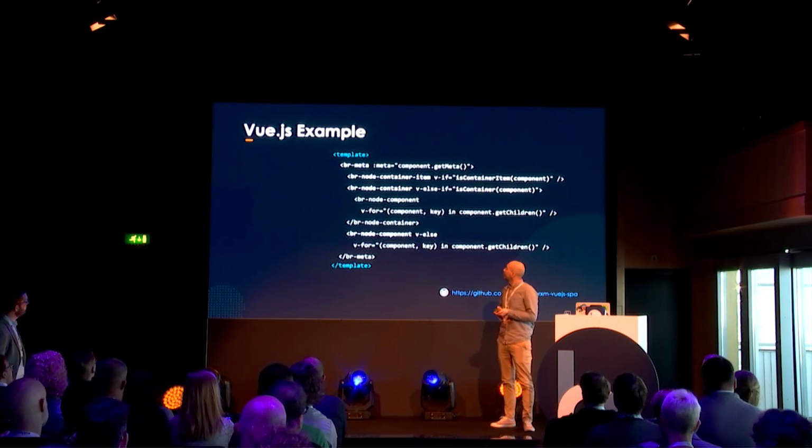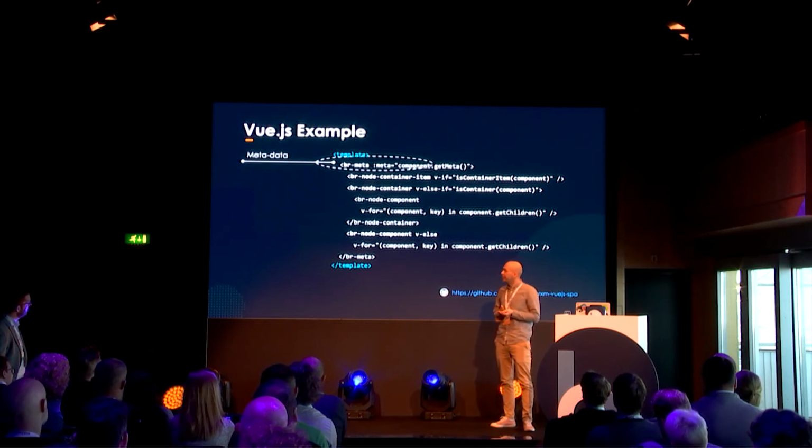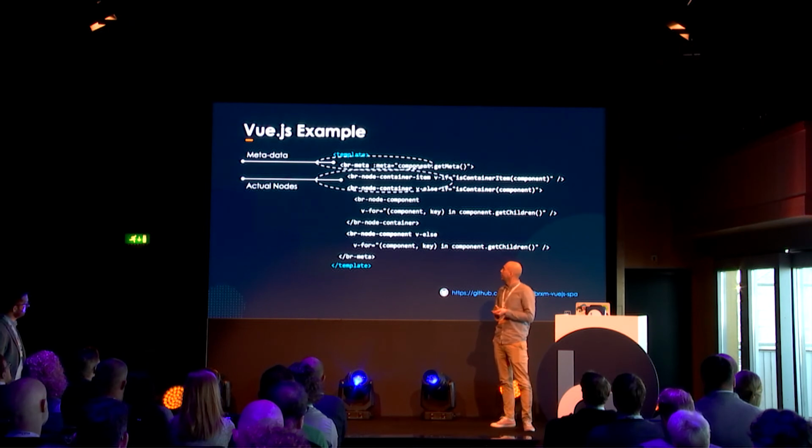If we look a bit closer at the component for the page node, we'll see something like that. It's a very simple template. It's starting with rendering metadata. We have our meta component here. Then we are rendering actual nodes. If we meet a container item, then we delegate rendering to the responsible Vue.js component.